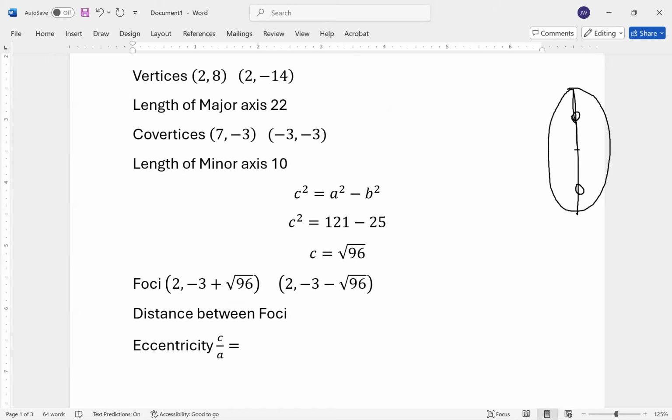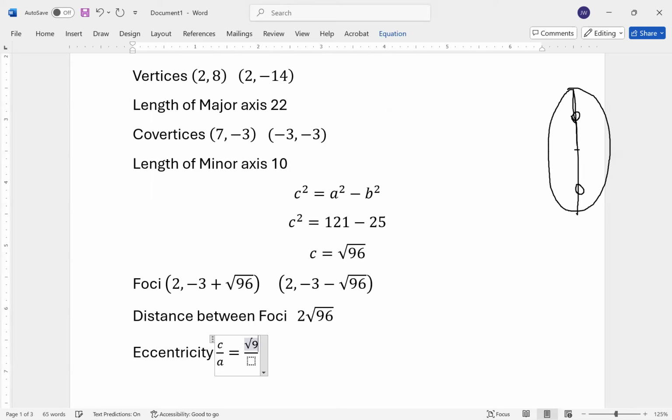And just like we've done before, the distance between the two foci is going to be 2 times c. That's 2 times the square root of 96. And the eccentricity is going to be the fraction square root of 96 divided by 11. If I type that into my calculator, square root of 96 divided by 11 becomes about 0.89.